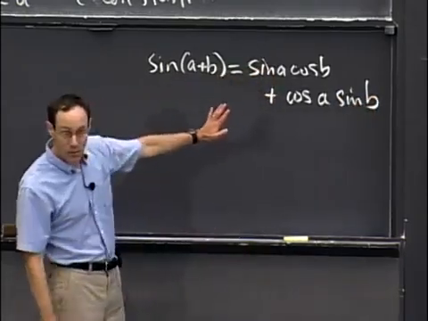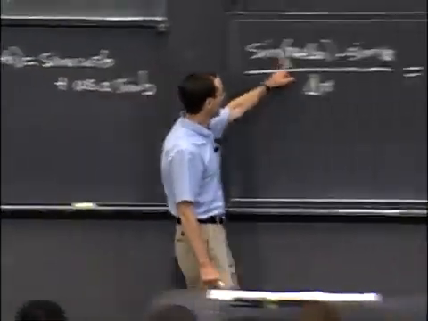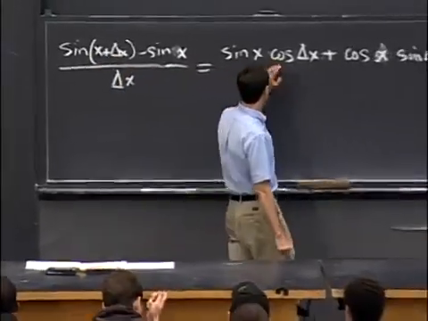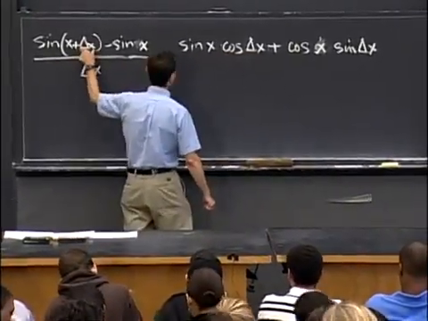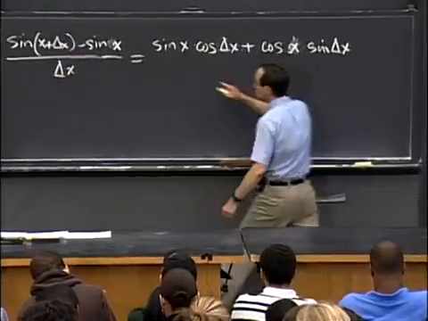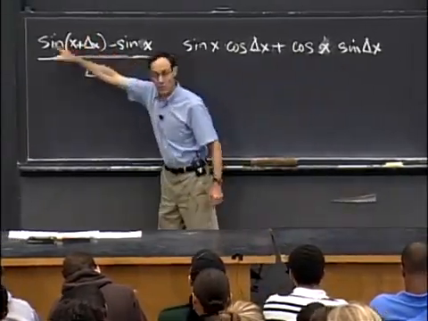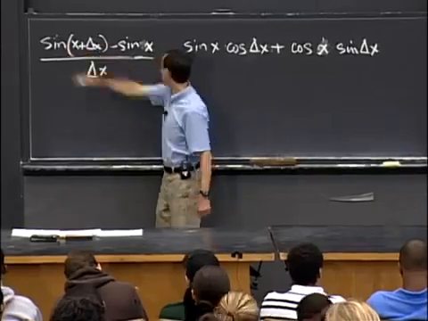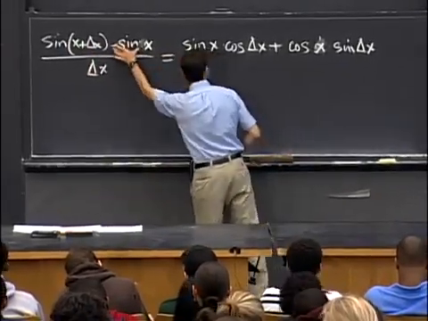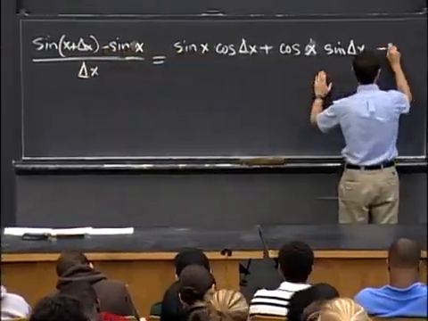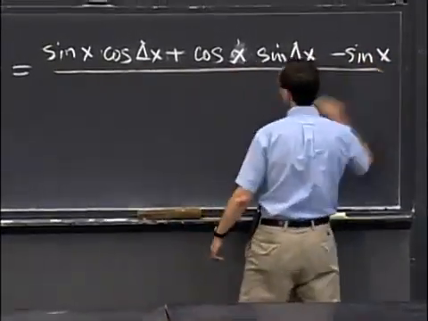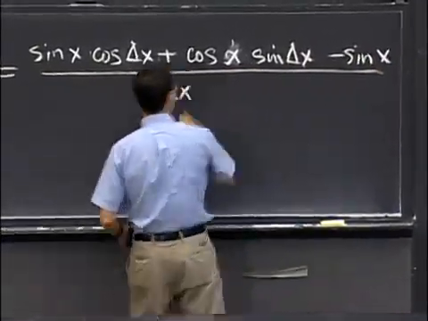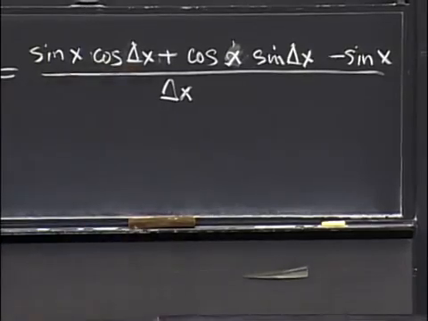Now that's what I did over here, except the letter x was a, and the letter b was delta x. Now that's just the first part. That's just this part of the expression. I still have to remember the minus sine x. That comes at the end, minus sine x. And then I have to remember the denominator, which is delta x.